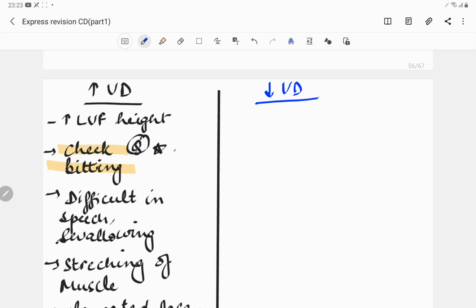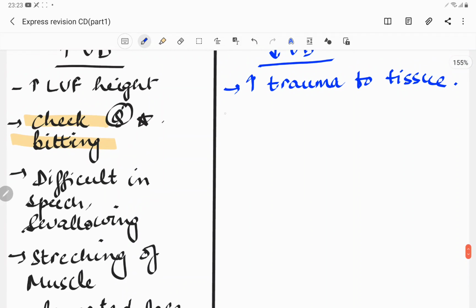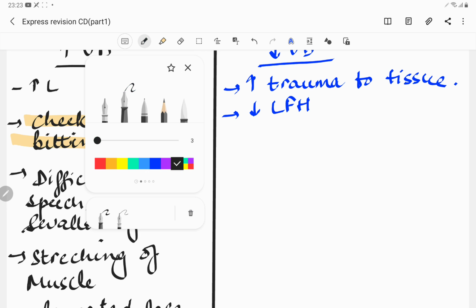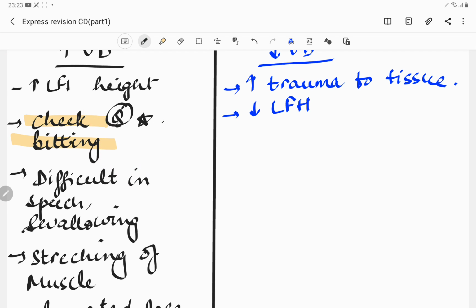There is going to be increased trauma to the tissues. Then there is going to be a decrease in the lower facial height.